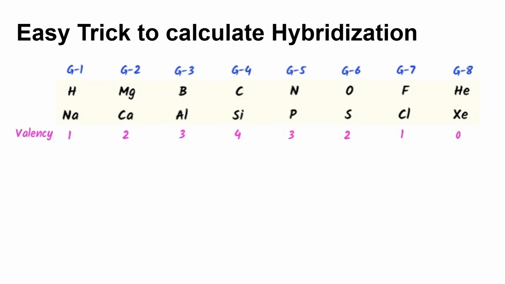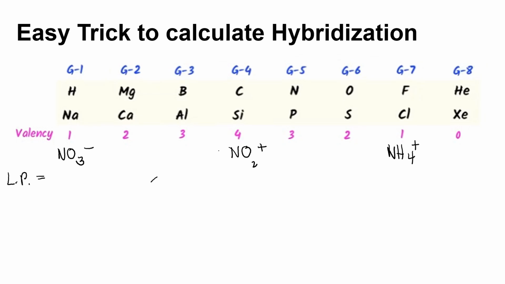So let's look at a more complex example, for nitrogen with different atoms and ions. Again, we need to compute the lone pair.